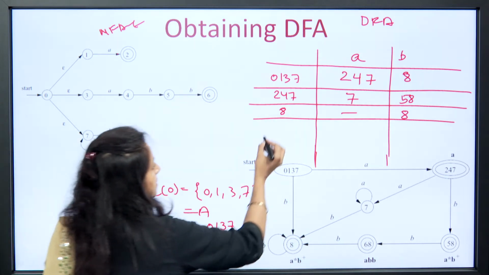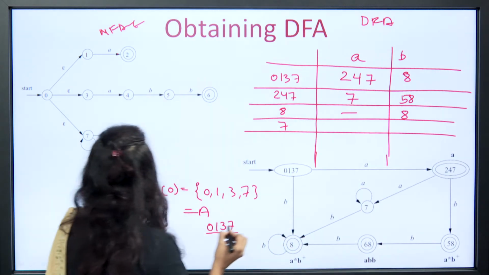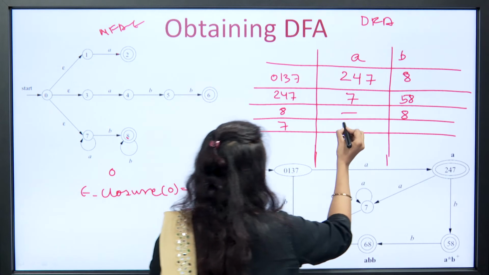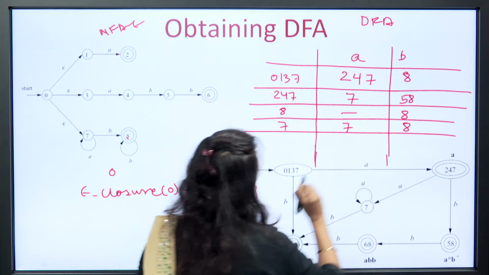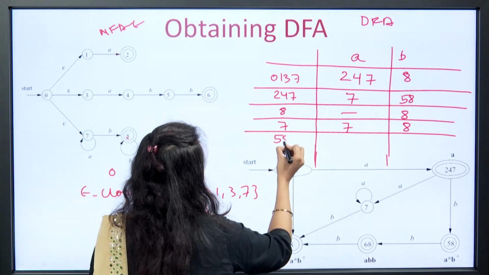Now, the next newly appeared state is 7. At 7 for A, next state is 7, and for B, next state is 8, and their E closures are the same as themselves. Now, the next newly appeared state is 5, 8.